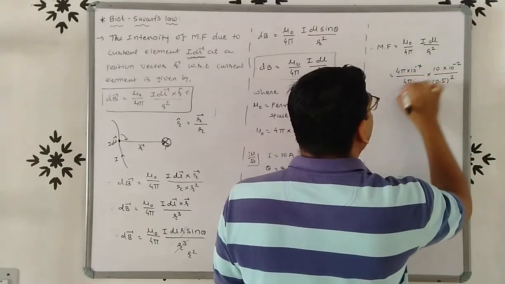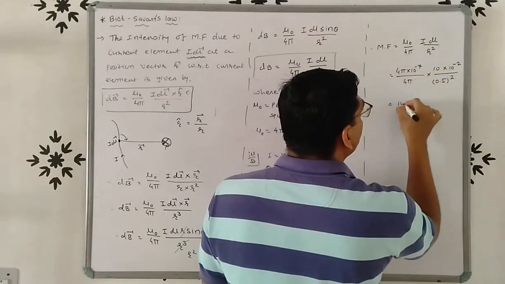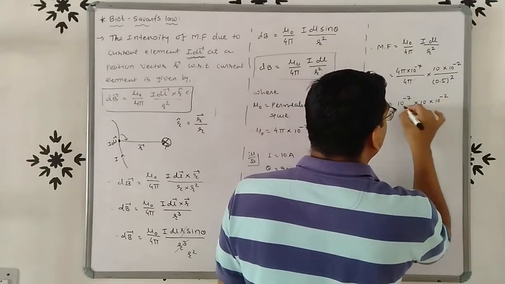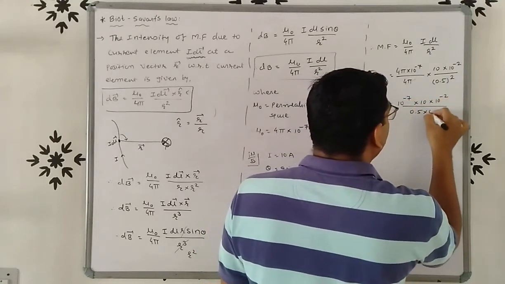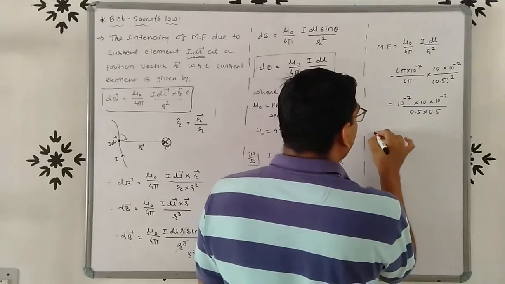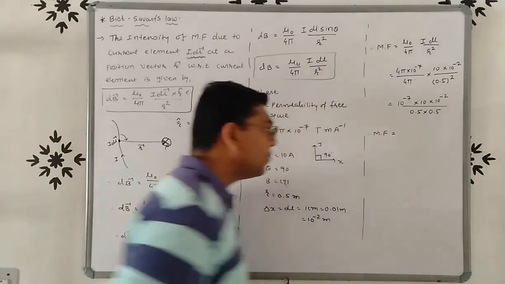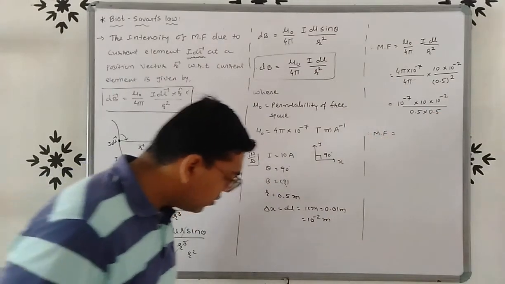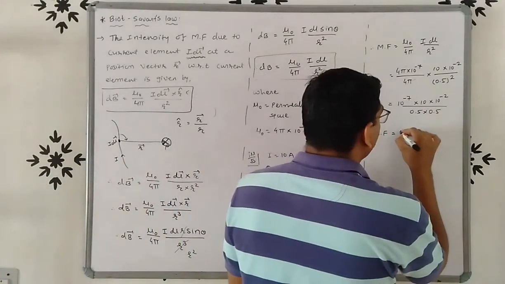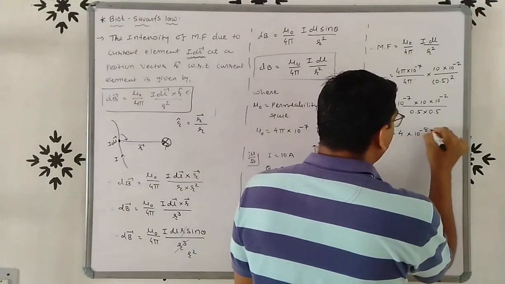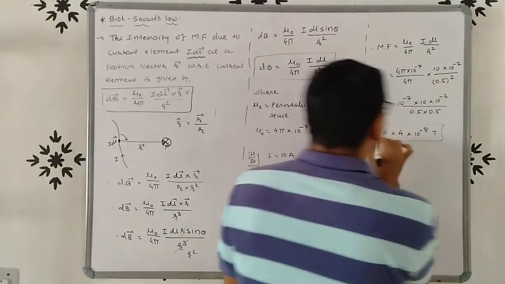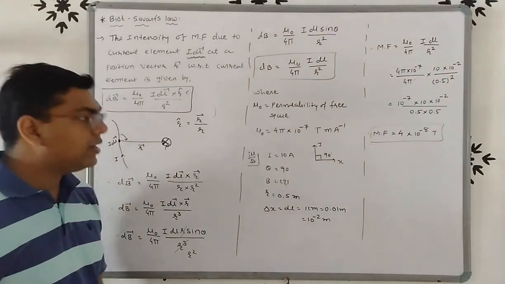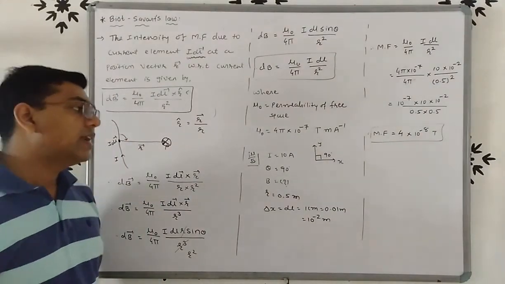So here 4 pi cancel. So 10 raised to minus 7 into 10 into 10 raised to minus 2 divided by 0.5 into 0.5. Then if you solve this, you will get magnetic field is equal to 4 into 10 raised to minus 8 Tesla, right?